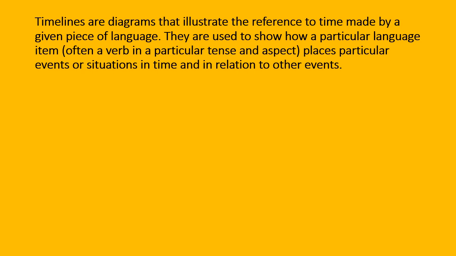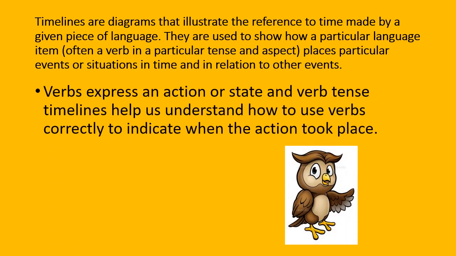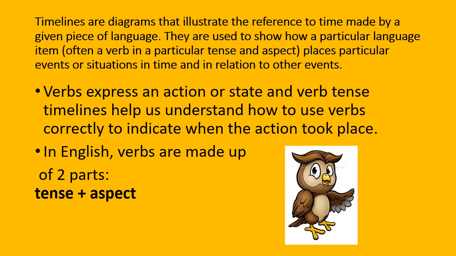They are used to show how a particular language item, often a verb in a particular tense and aspect, places particular events or situations in time and in relation to other events. Verbs express an action or state, and verb tense timelines help us to understand how to use verbs correctly to indicate when the action took place.